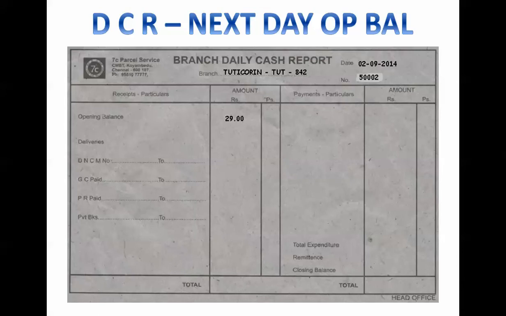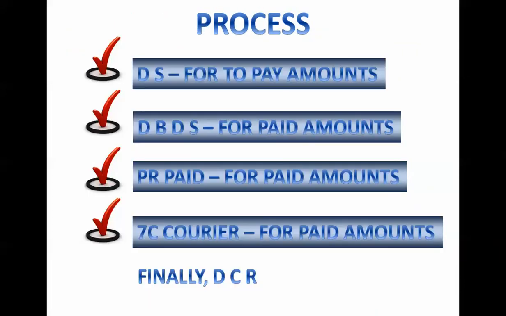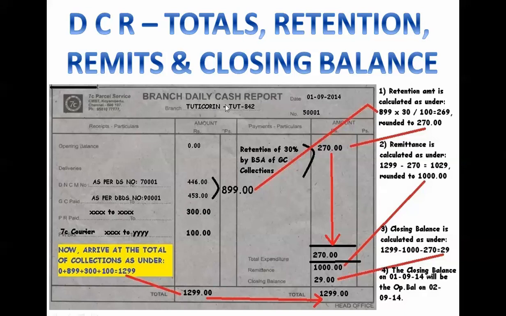Now let me go through this once again. Since we have assumed that 1st September is the starting day of Tuticorin, he will be starting with a zero opening balance.